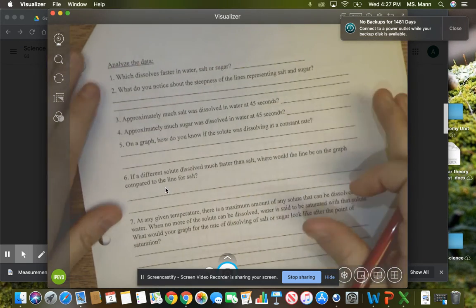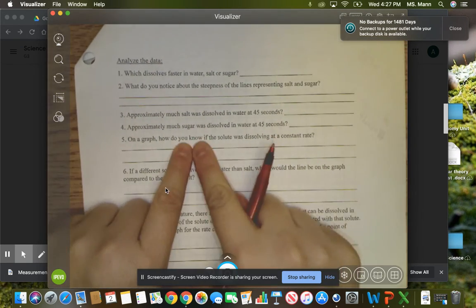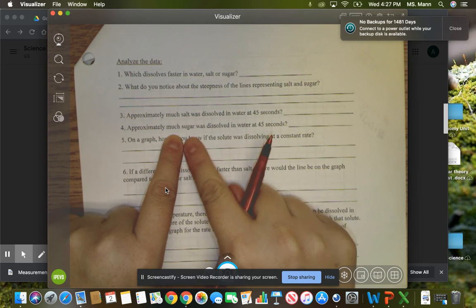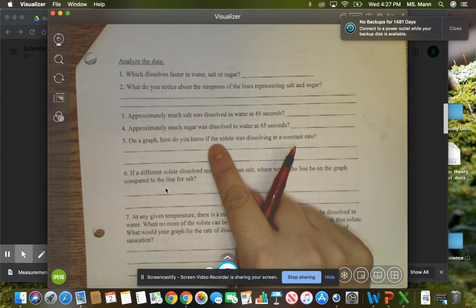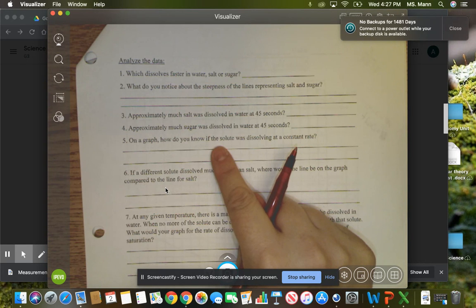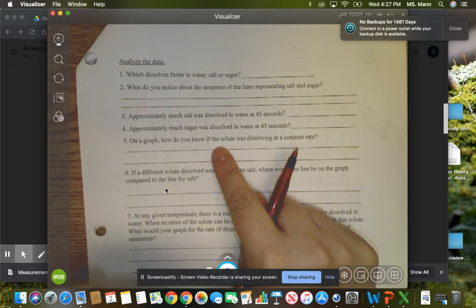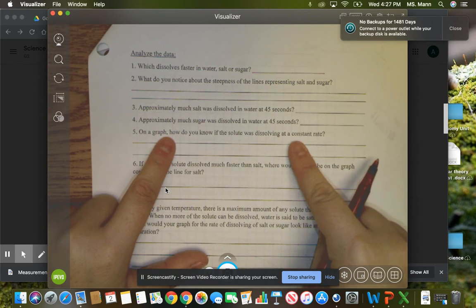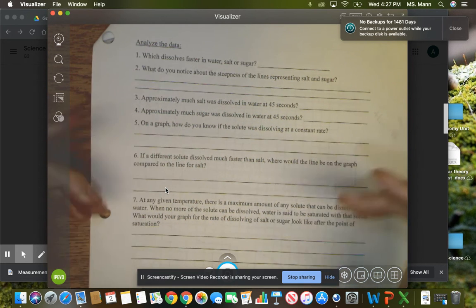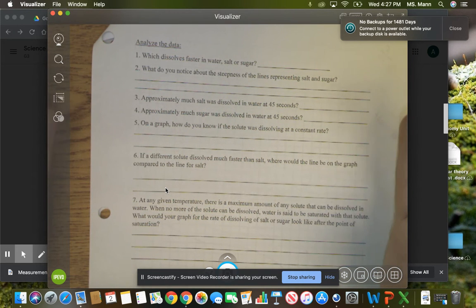Now, you're going to ask the same question, right? Approximately how much sugar was dissolved in 45 seconds? Again, you're going to add up how many teaspoons were dissolved within 45 seconds. On a graph, how do you know if the solute was dissolving at a constant rate? So how do you know that a solute was dissolving at a constant rate?